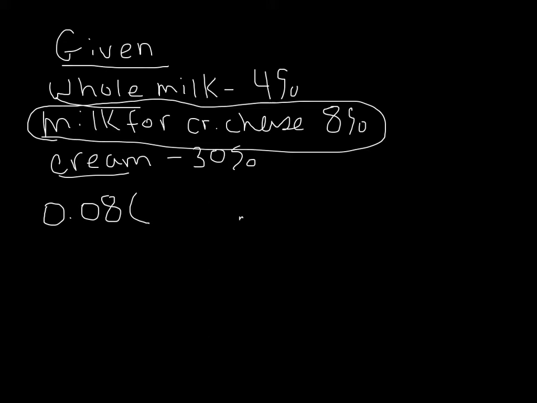And there should be 200 pounds of that solution. That would be the milk for the cream cheese. Okay, so now we have to figure out, well, how do we get that? What is that going to equal? And so I know that I'm going to have to mix my whole milk and I'm going to have to mix my cream.